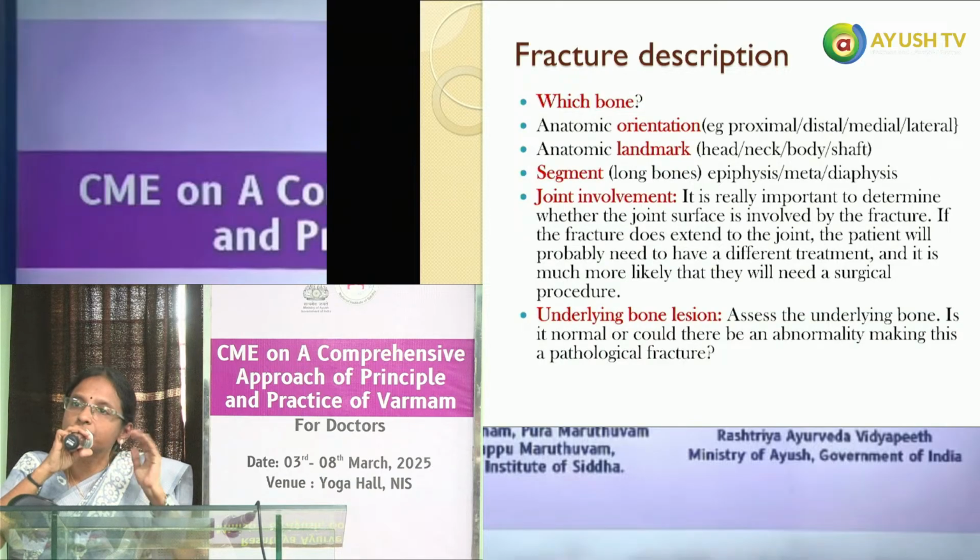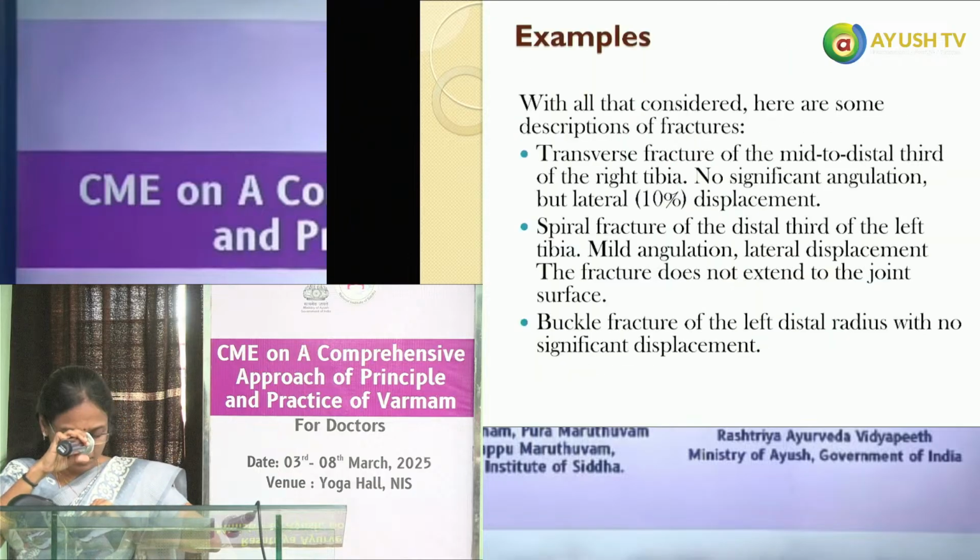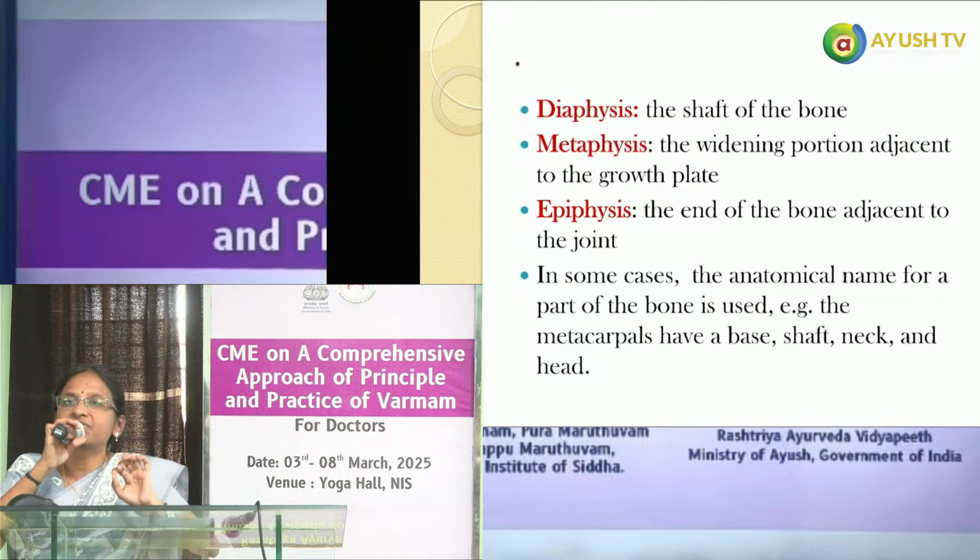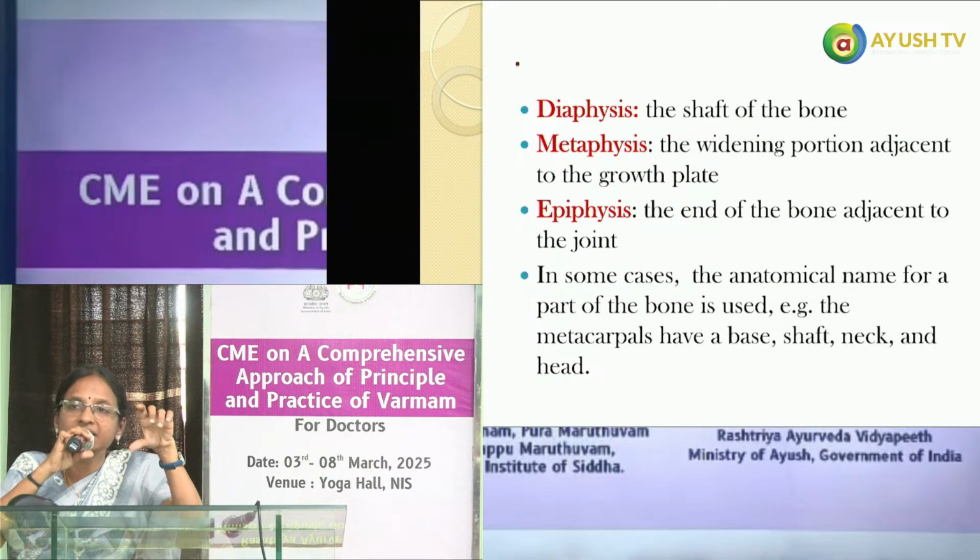Segments of the bone you can mention epiphysis, metaphysis, or diaphysis. So epiphysis is the area of the bone which is closer to the joint. So bone, joint, and the part of the bone, joint hit irukko, that is called as epiphysis. Diaphysis will be the shaft of the bone.